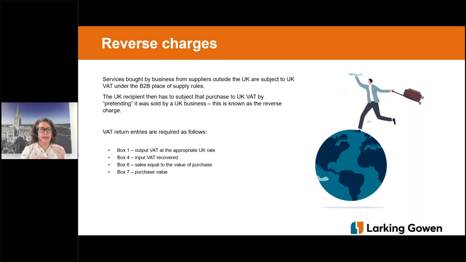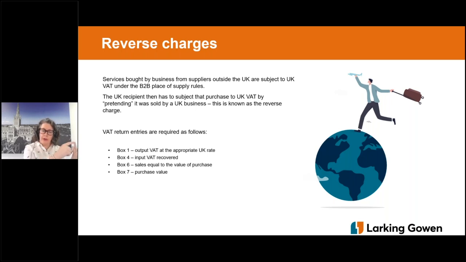And then you have to make some entries into your VAT return to make sure that it gets reported correctly. So you would include in your box 1 figure the output VAT that you've charged yourself, pretending that you're the supplier of that service at the appropriate UK rate. Then you're going to include in box 4 how much of that VAT that you've charged yourself you can recover.